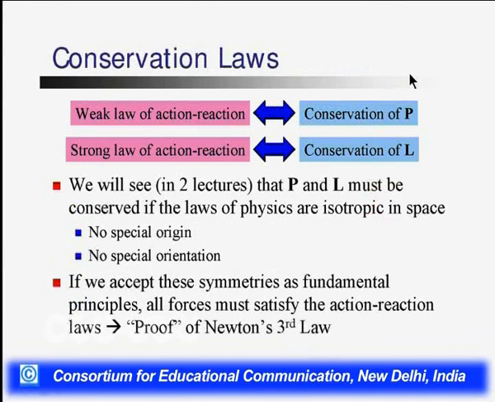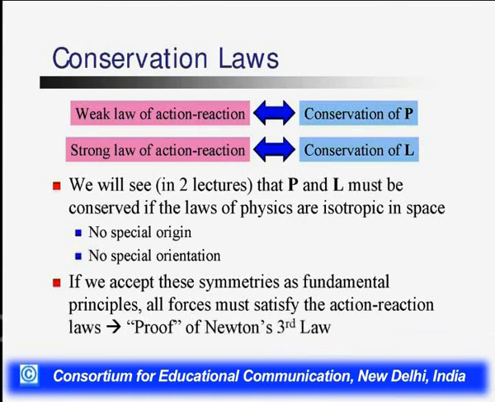What are the conservation laws? Conservation laws are defined by the weak law of action and reaction and the strong law of action and reaction. In the weak law of action and reaction, the linear momentum is conserved. In the strong law of action and reaction, angular momentum is conserved. Now P and L must be conserved if the laws of physics are isotropic in space.